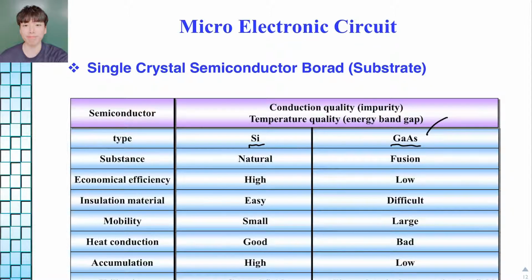But gallium arsenide is a fusion substance, has low economical efficiency, and is very difficult to make, but its mobility is so big, 8 or 10 times that of silicon, and it has bad heat conduction and low accumulation. Silicon size is 12 inches and gallium arsenide is 6 inches.